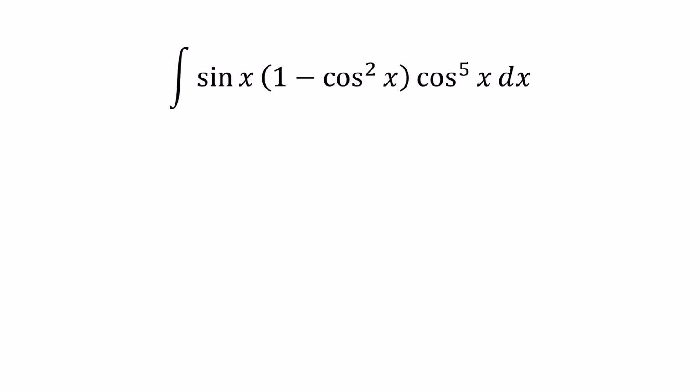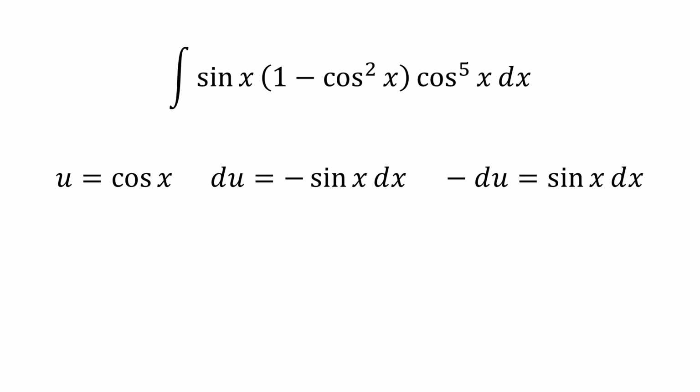Next, we let u equals cosine of x. The differential is then du equals negative sine of x dx. Multiplying both sides of the differential by -1, we get minus du equals sine of x dx.